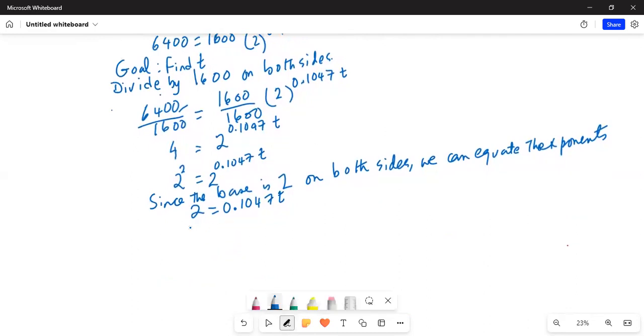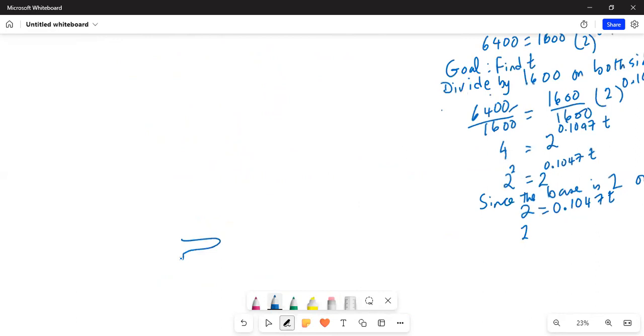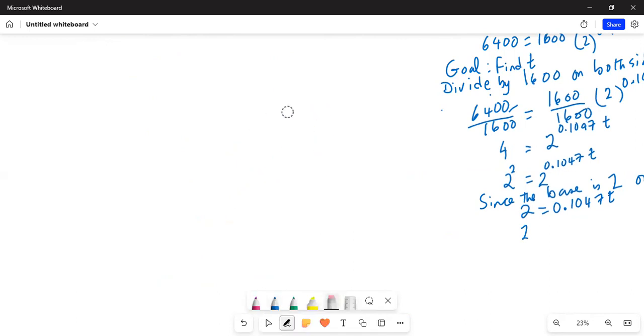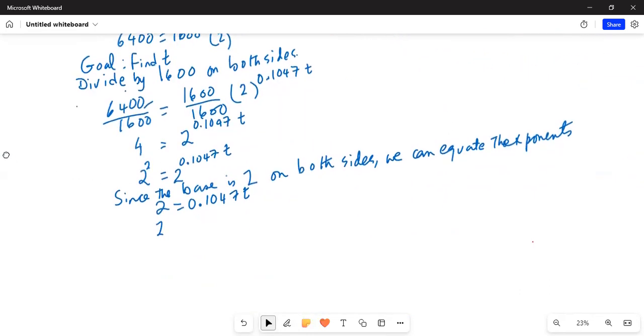So we will have 2 divided by 0.1047 on both sides, which is 0.1047 divided by 0.1047 times t.